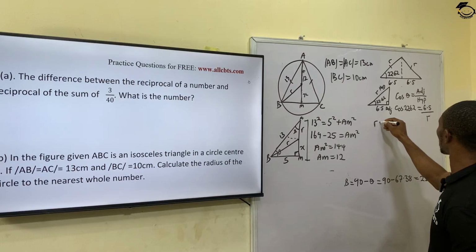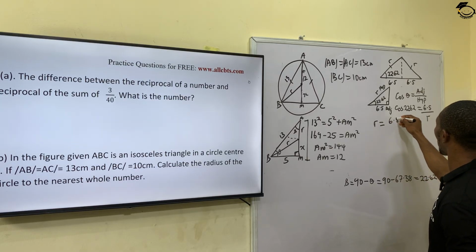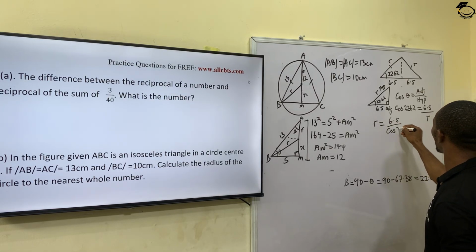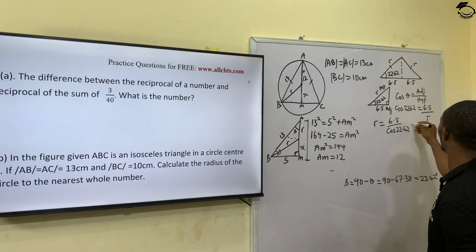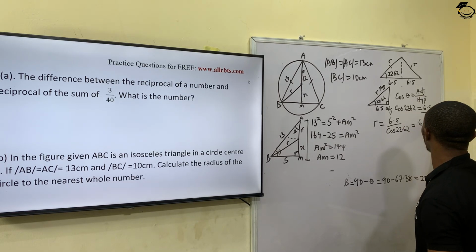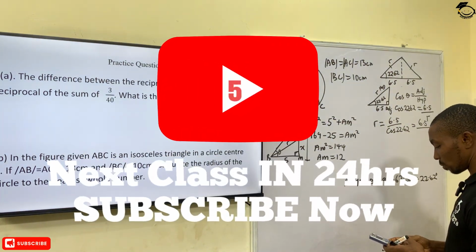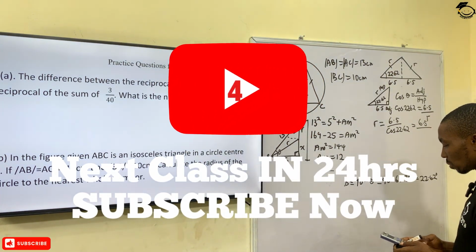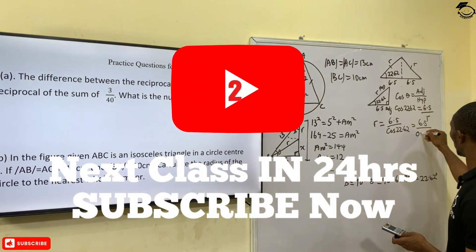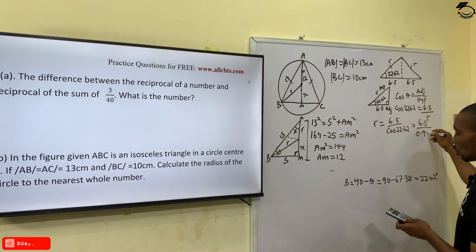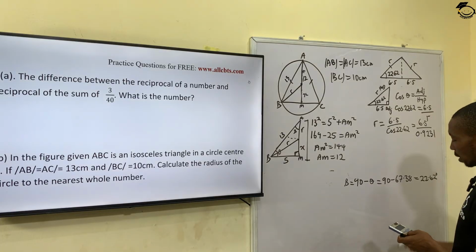So our radius would be 6.5 over cos 22.62. Now cos 22.62 would give us 0.9231.